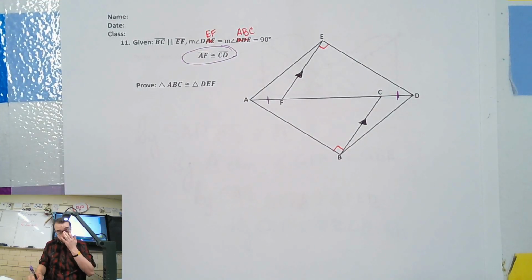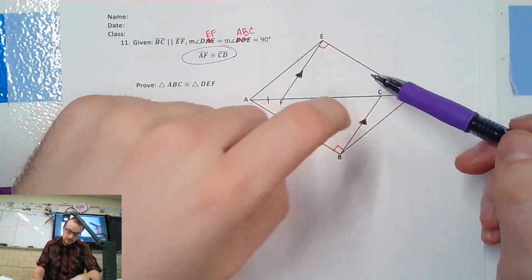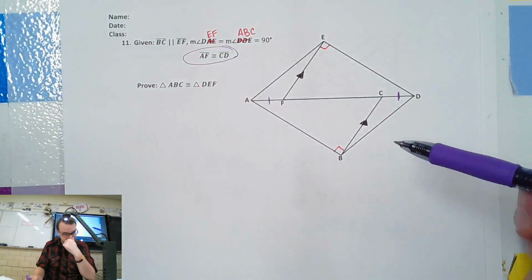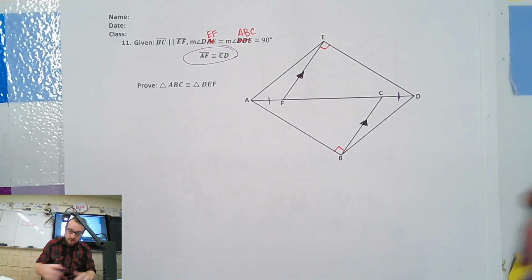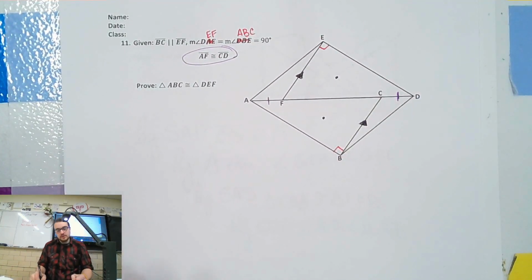Now we're going to prove that ABC and DEF are congruent, meaning these two right triangles are congruent. So these are our goals, these two guys, right? So right now we've got an angle. So you want to work on it on your own, or you want me to walk you through it?